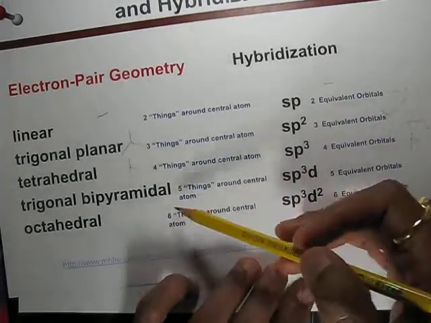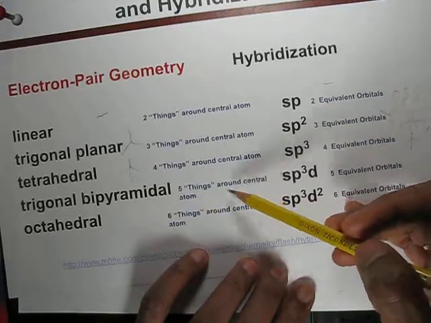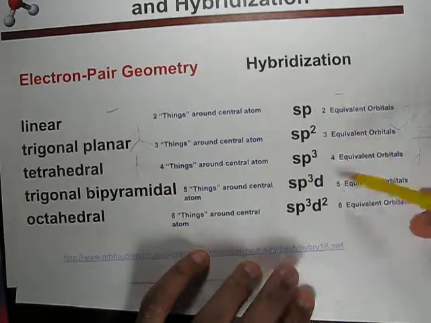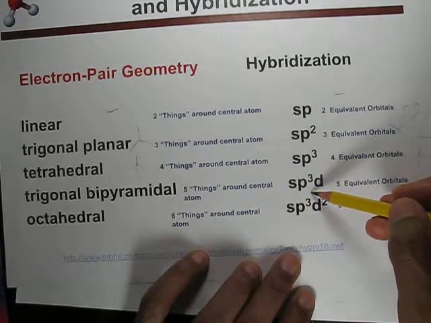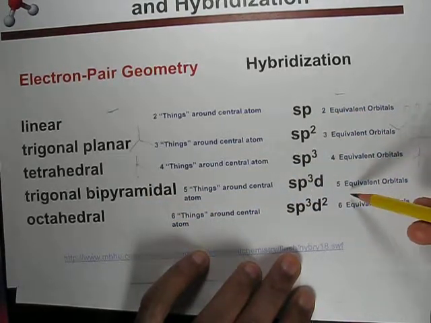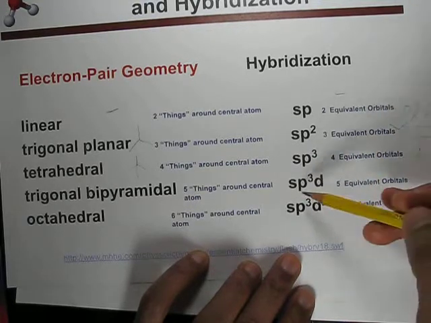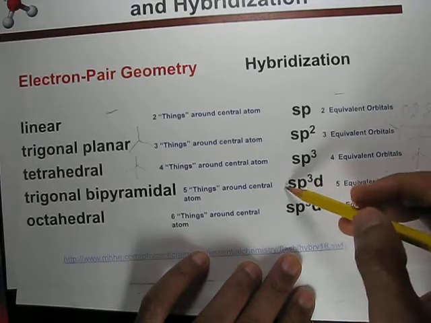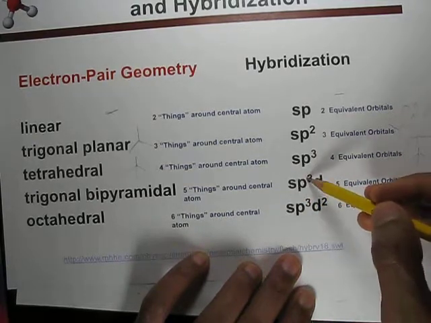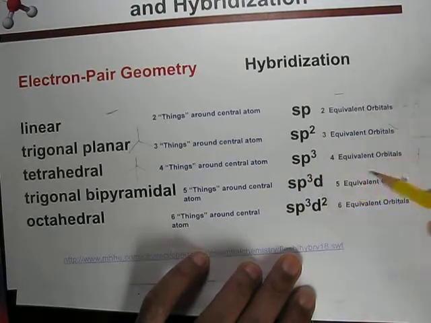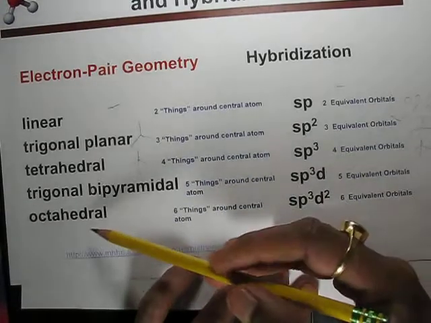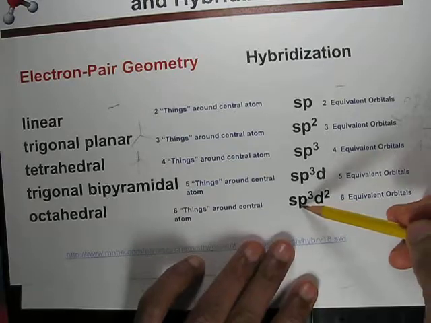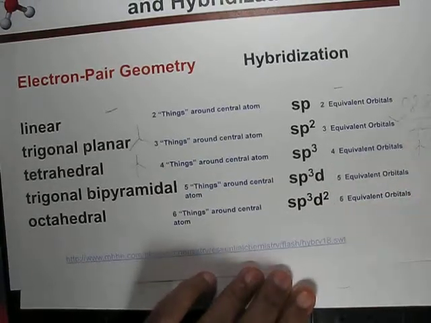When five things are around the central atom, that geometry is called trigonal bipyramidal, and the hybridization is called sp3d. It cannot be sp4. So how do we count? One s, three p and one d, so a total of five orbitals. In the case of octahedral, when six things are around, the hybridization is called sp3d2.